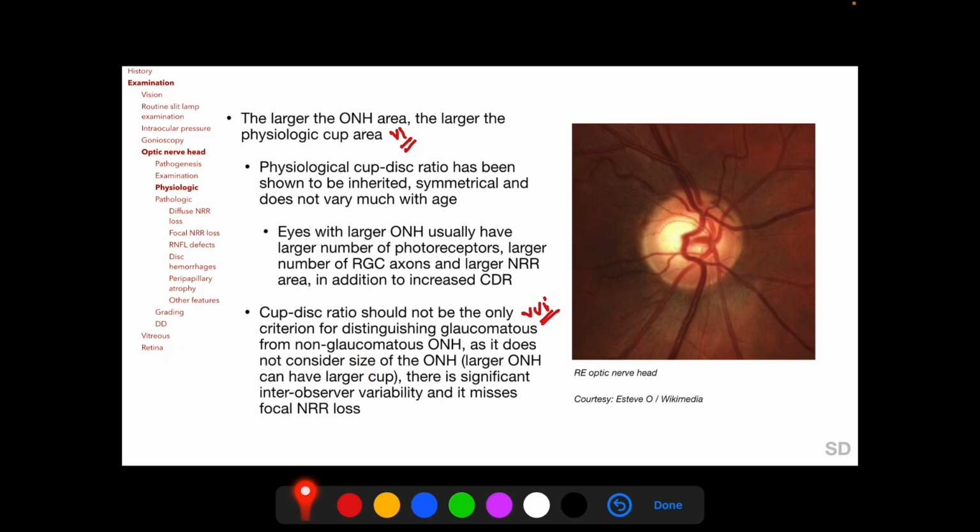As we have seen, a normally large optic nerve head can have a larger cup and a larger cup disc ratio, but also because there is significant inter-observer variability in assessing the cup disc ratio, and measuring only the cup disc ratio misses focal neuroretinal rim loss.